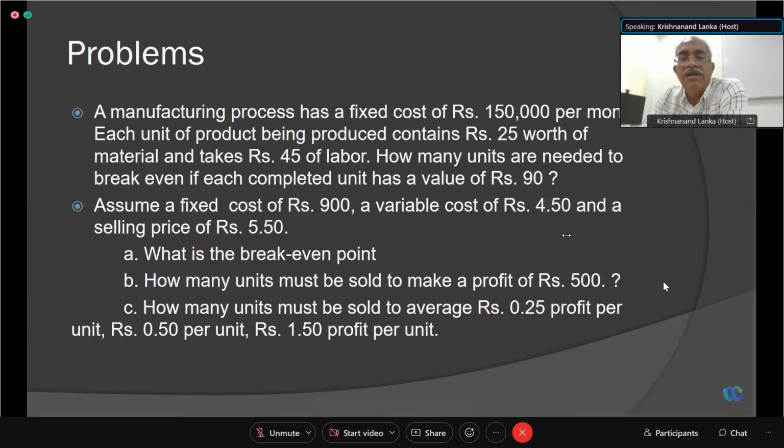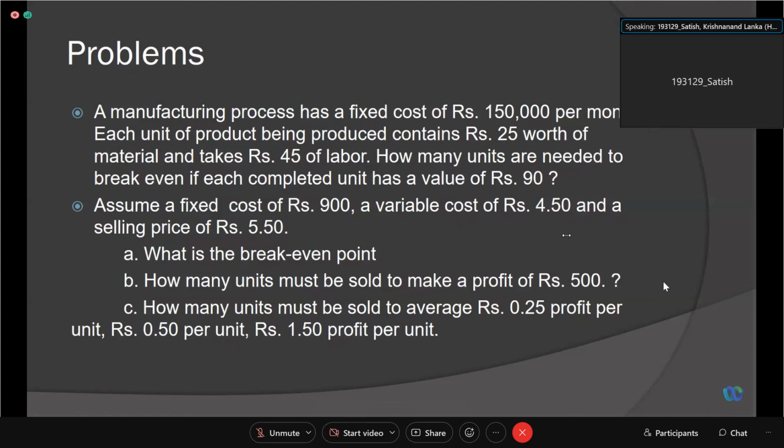How many units are needed to break even if each completed unit has a value of 90 rupees? So we have to find demand. We know the selling price, cost price, and fixed cost. So how to solve this?